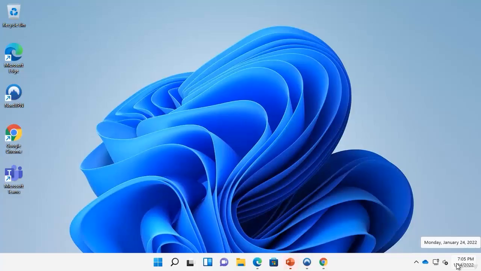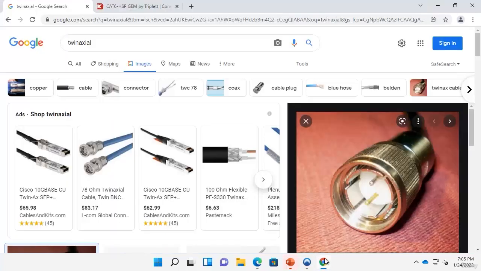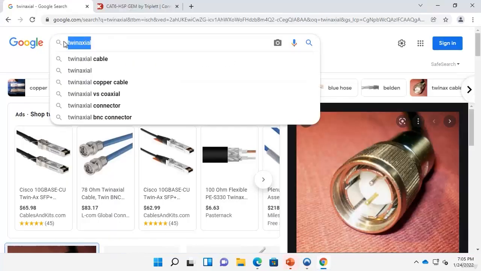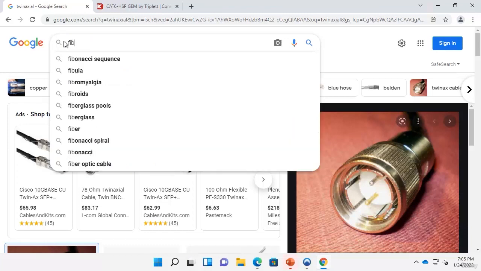All right, now in this demo, we're going to look at your optical cables and connectors, the fiber optics, and just get an understanding as to what we're dealing with. Again, this is going to be very similar to the last one, where we're just going to look at some things so that you are able to make the distinctions. Okay, so fiber optic cable.